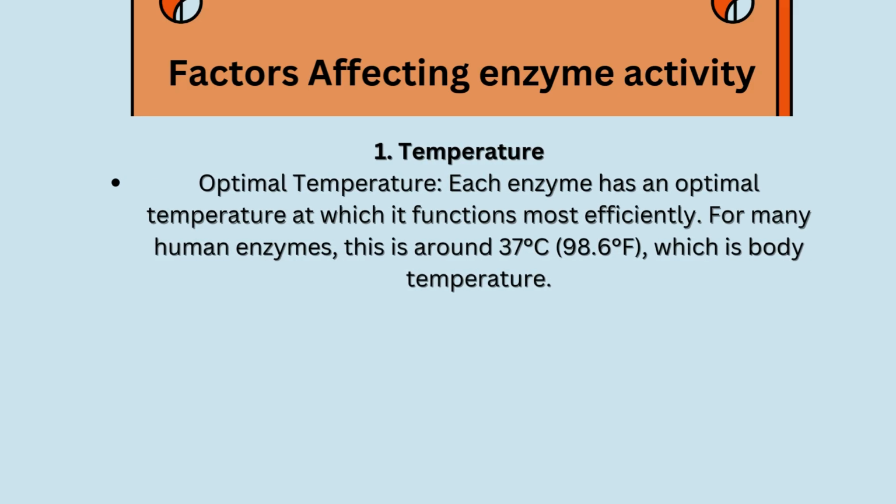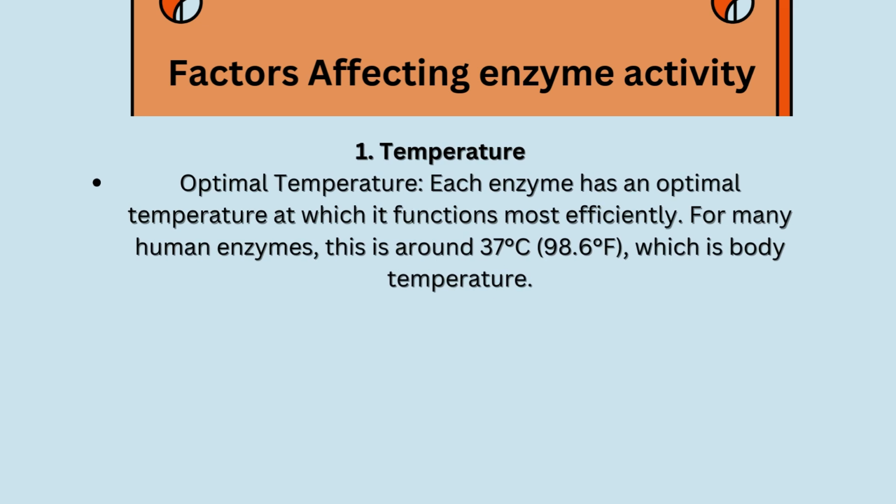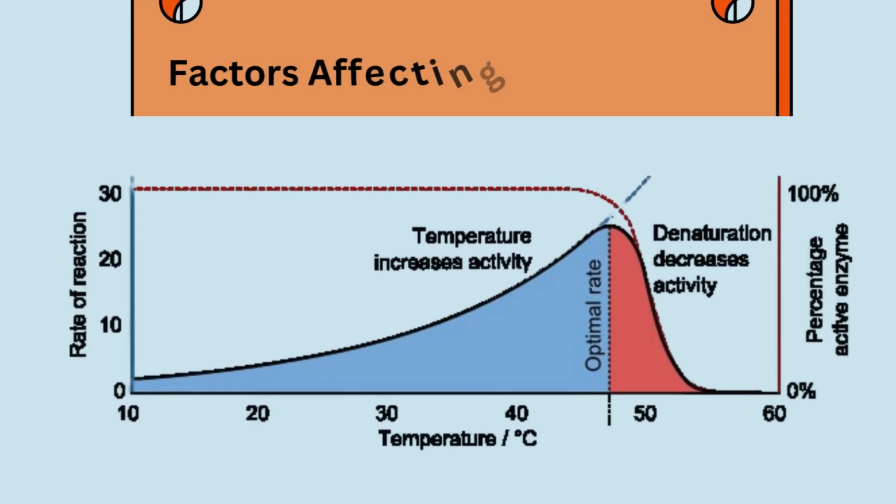Different enzymes have different optimum temperatures, and the optimum temperature for human enzymes is 36 degrees Celsius to 38 degrees Celsius. Each enzyme performs best at a specific temperature, which is its optimum temperature.